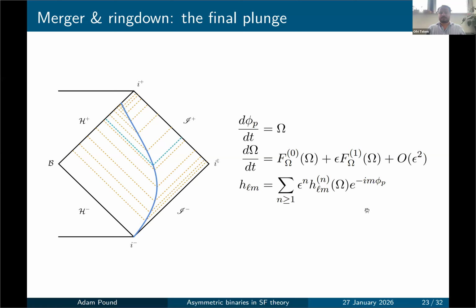Couldn't you bring it to a form where, if you use the right variables, the deviation in omega is order epsilon in these new variables? Is the fact that you have an order epsilon to the 0 d omega by dt just a matter of your parameterization? Yes, you could use, for example, energy and angular momentum, and then you'd have 0 rate of change.